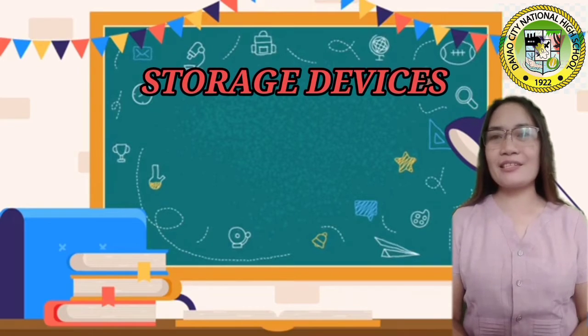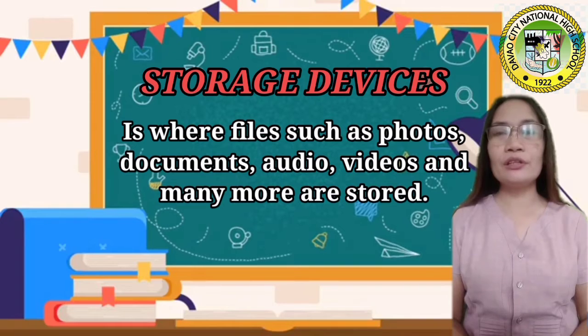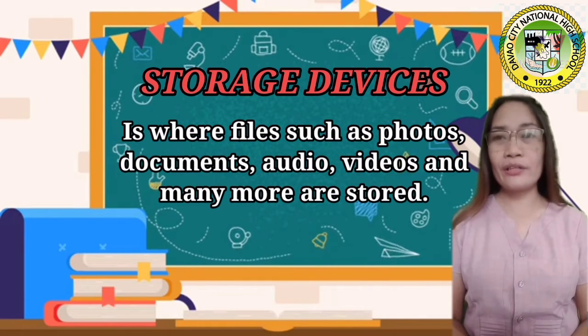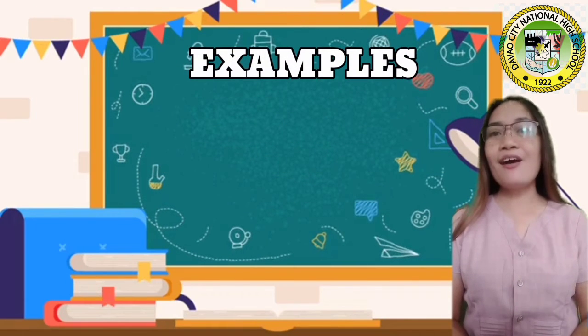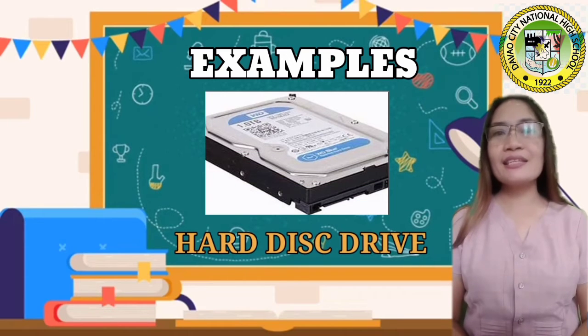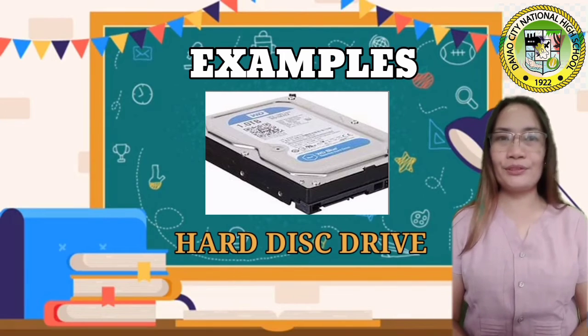Storage devices is where files such as photos, documents, audio, videos, and many more are stored. Examples: hard disk drive is a magnetic device that is used to store data. It is the main storage device on a computer.